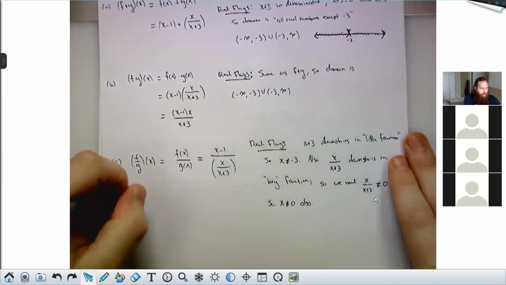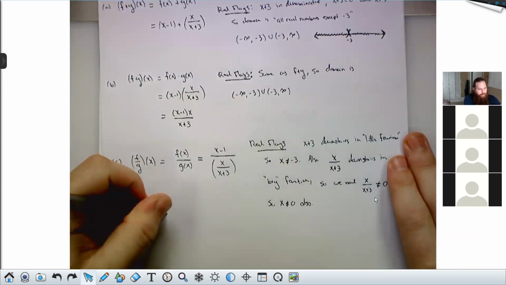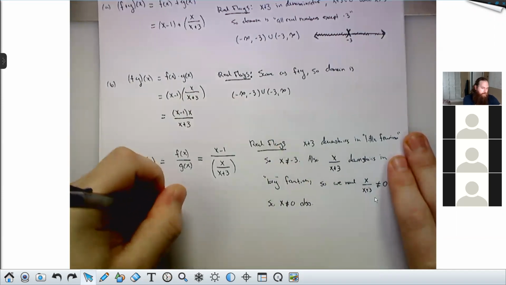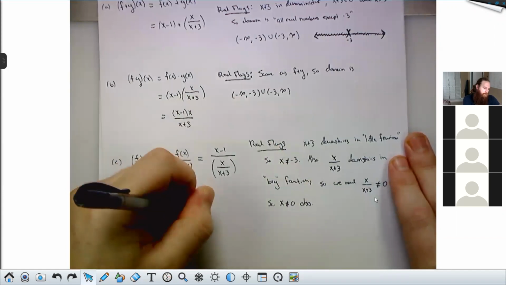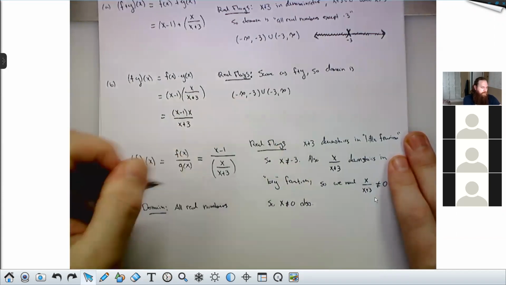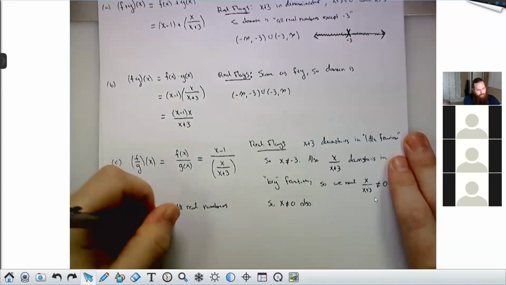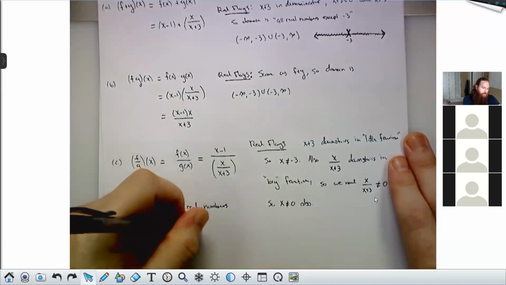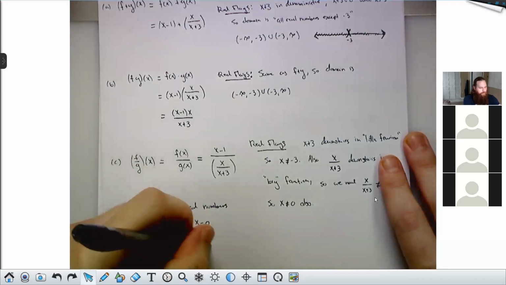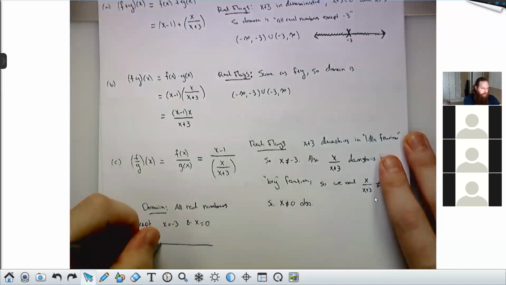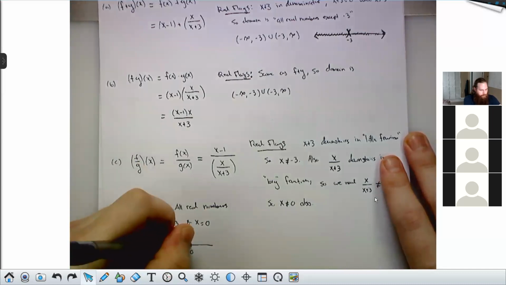So my domain here is all real numbers except x equals negative 3 and x equals 0. If you draw that on your number line, you're going to punch out negative 3 and you're going to punch out 0.